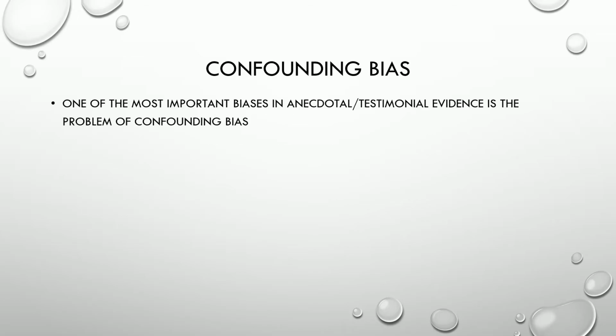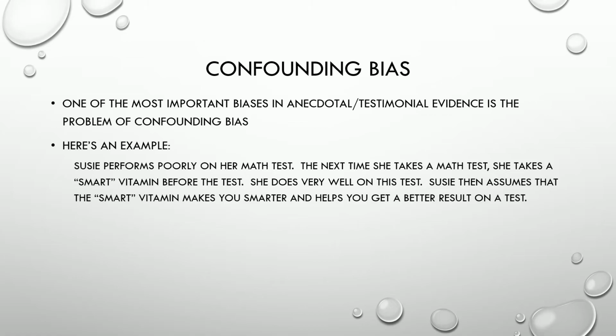Confounding bias. One of the most important biases in anecdotal or testimonial evidence is a problem of confounding bias. Here's an example. Susie performs poorly on her math test. The next time she takes a math test, she takes a smart vitamin before the test. She does very well on the second test.